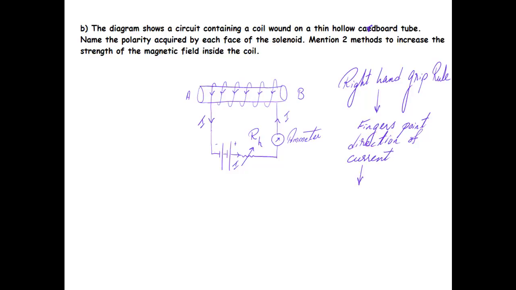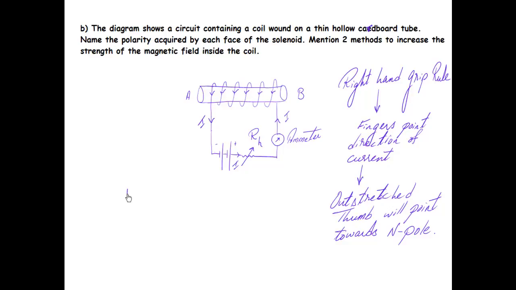In such a case, your outstretched thumb will point to the north pole. If I apply the right hand grip rule to this solenoid, then the outstretched thumb will point towards B. So B becomes the north pole, and obviously if B is the north pole, end A of the solenoid will become the south pole.